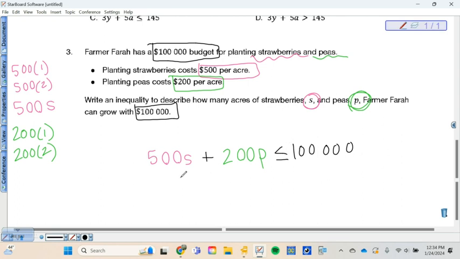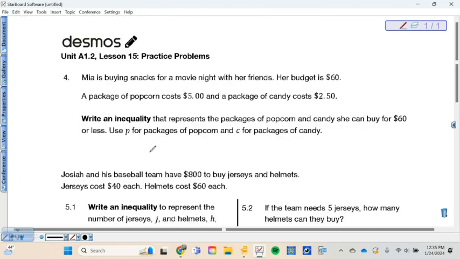For now, all I'm grading you on is being able to write inequalities from context, from a situation. So you've got 2 more to write over on this side. Okay, so at number 4, Mia's buying snacks. She's got a budget of $600. Popcorn costs $5. Candy costs $2.50. We're writing an inequality.